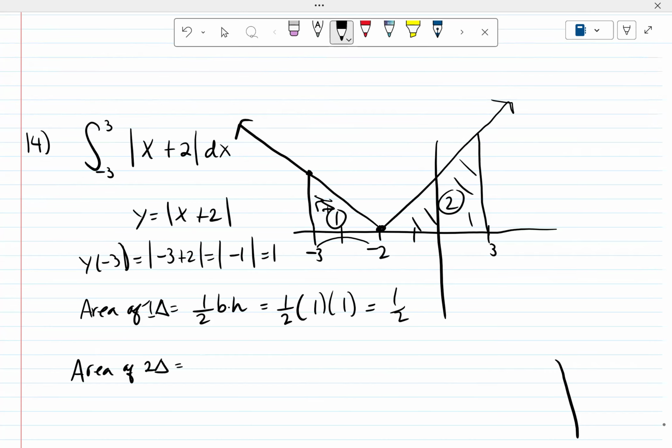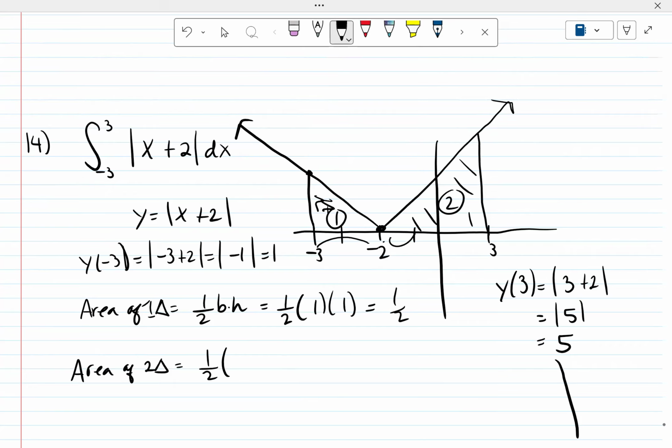So first, what I'm going to do is figure out what the height is. So plug in 3 to your function. So it's the absolute value of 3 plus 2, which is 5. The absolute value of 5 is 5. So it's going to be 1/2 base times height. What is my base? So we're going from -2 to 3.